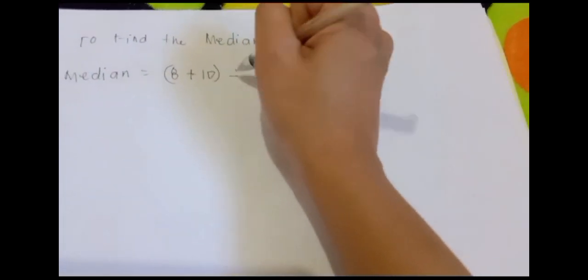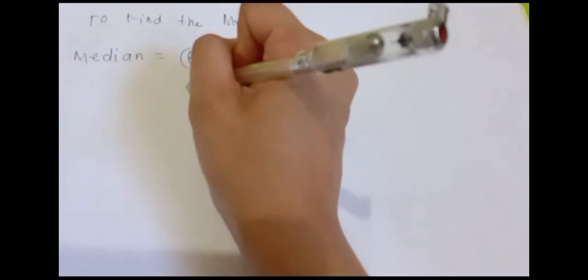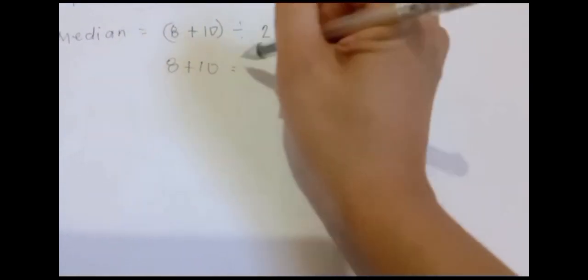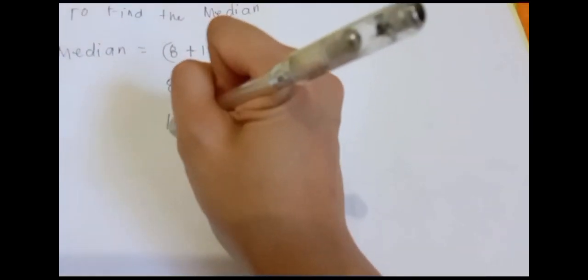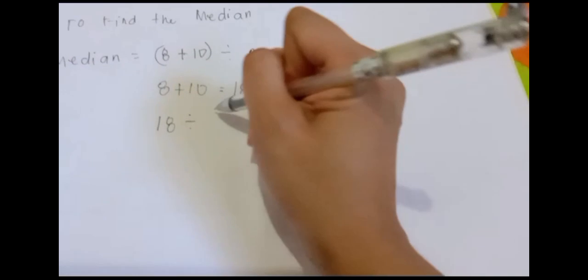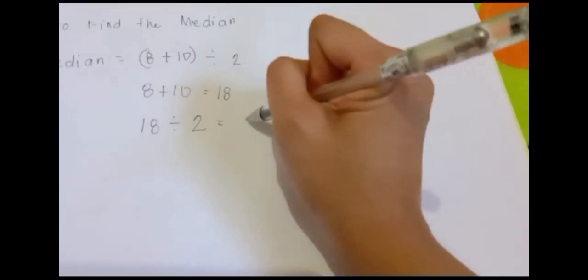Gawin natin ay 8 plus 10 divided by 2. So, 8 plus 10 equal 18. 18 divided by 2 equal 9.